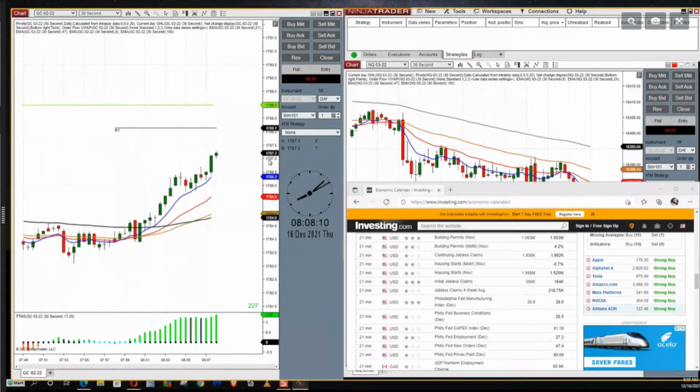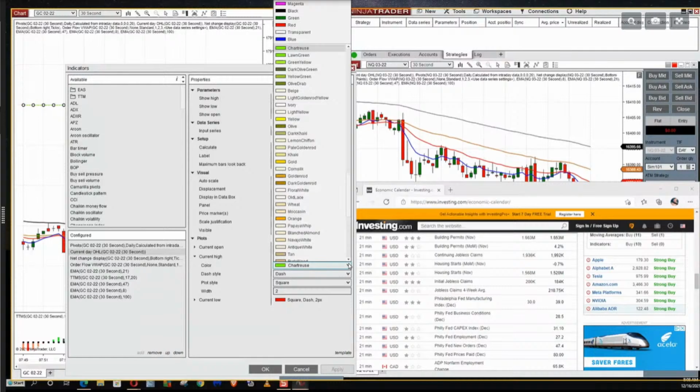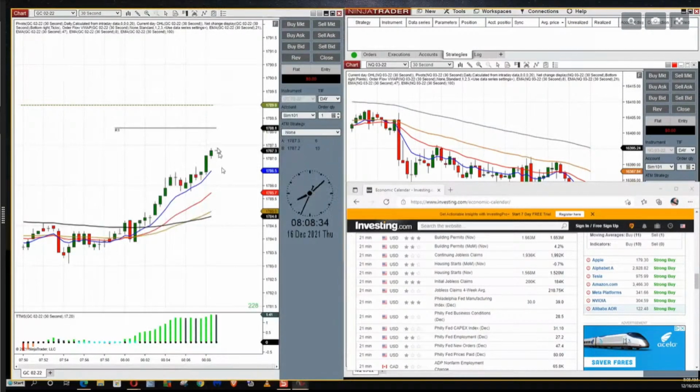But the ultimate issue is now I think that gold is going to test the high of the day here. It's hard to see that color. Let me fix the color. Gold's going to test the high of the day, I believe, maybe at the gold open, which is coming up at 8:20. It's still hard to see.